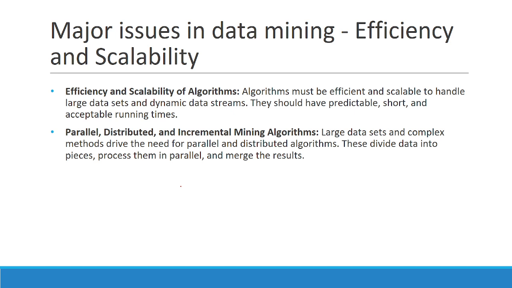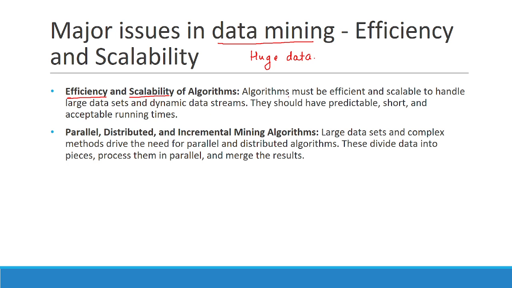Then next is efficiency and scalability. Okay, data mining models or data mining processes are very exhaustive because here we are going to work on a huge amount of data. Data is huge. So it becomes very crucial for data mining systems to be efficient and scalable.